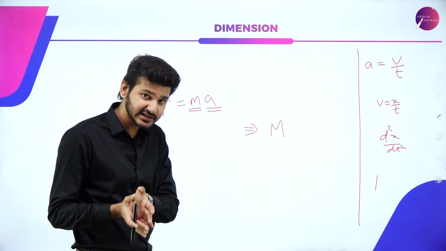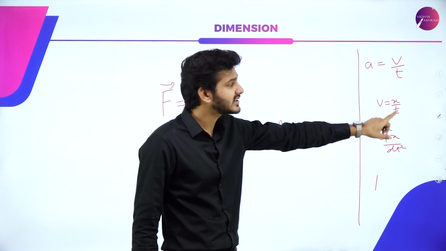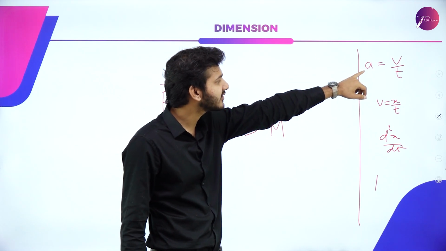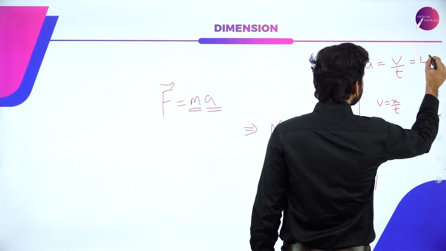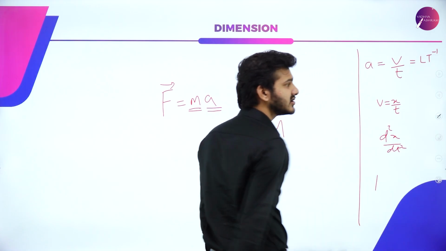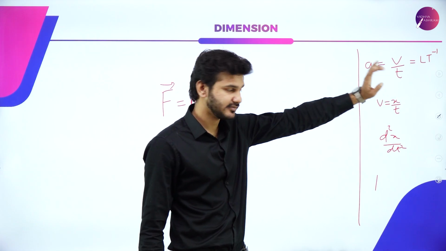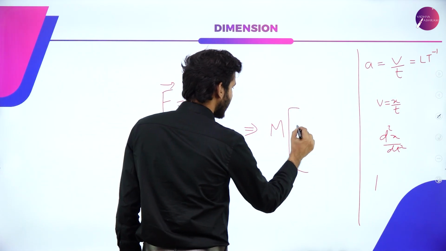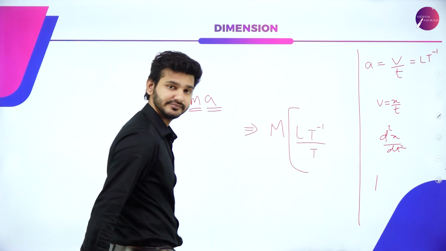But in dimensional terms, we can say that this particular equation can be written as, we already know the dimensional formula for velocity, which is L t inverse. And now we have one more t, so basically it is L t inverse divided by t.